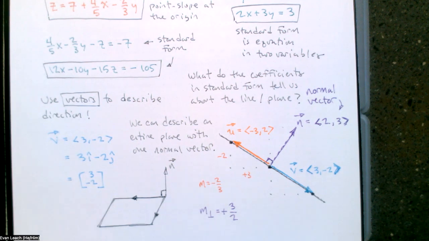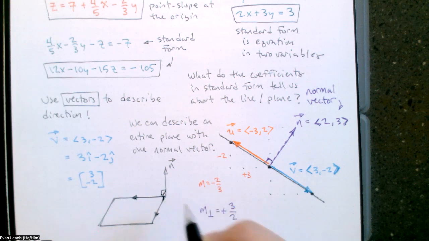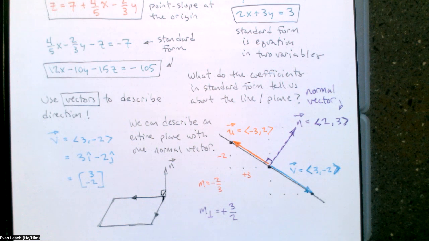Describe the plane with two vectors, or we can describe the plane with one normal vector. This normal vector is perpendicular to both of these.